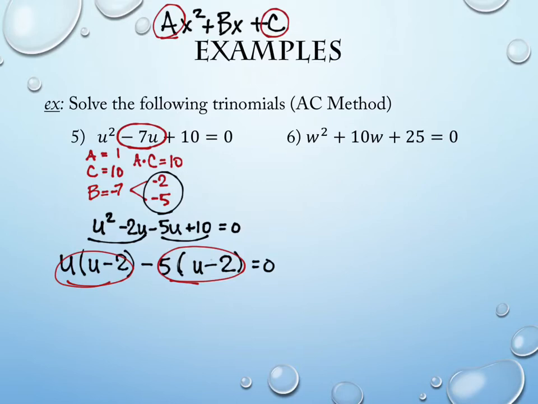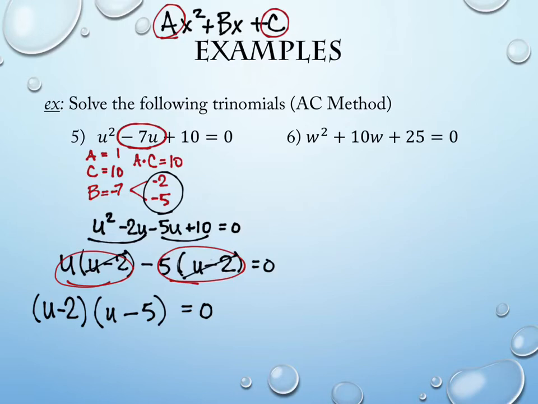What does this have in common with this? U minus 2, right? Yes, u minus 2 is what they have in common. So what we do is we take the u minus 2 out in front. So when I pull the u minus 2 out from here, I'm left with u. And when I pull the u minus 2 out from here, I'm left with negative 5 specifically. And this is the factored form with the AC method. That's definitely overkill for this problem.